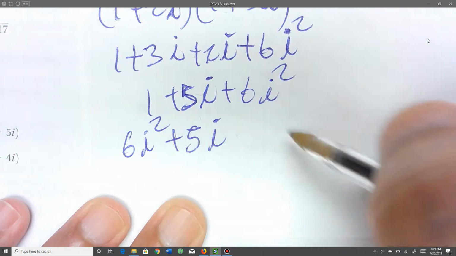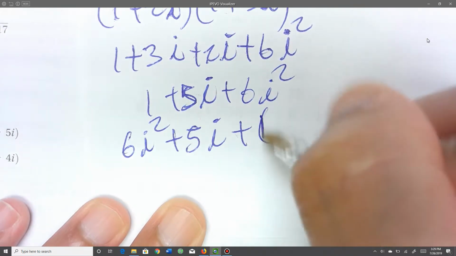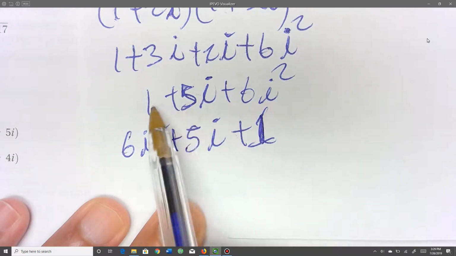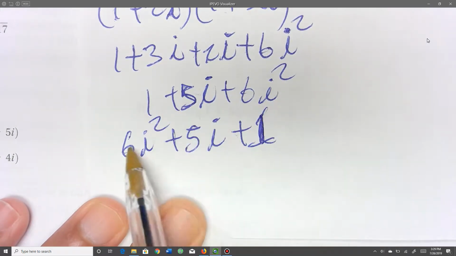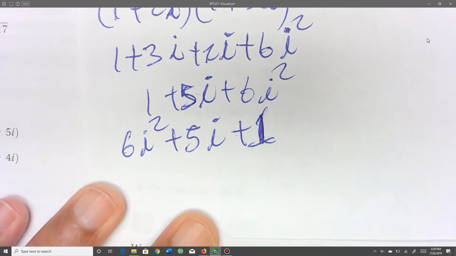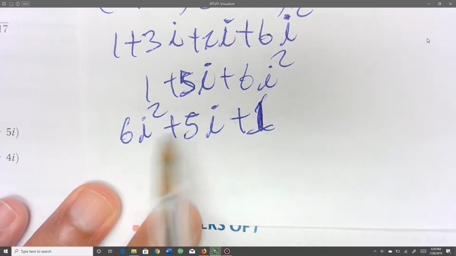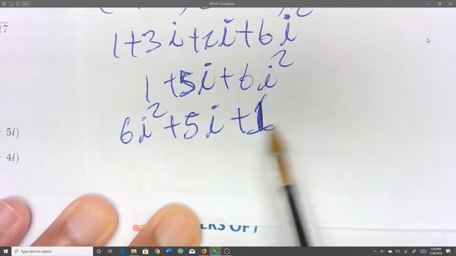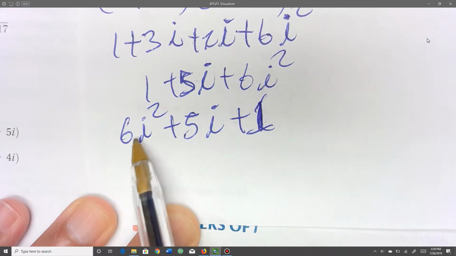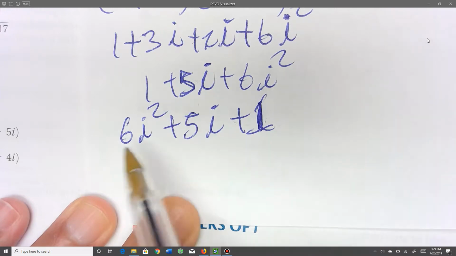I'm going to write it in descending order because I'm used to factoring expressions like this. So this is the same thing as this, except I wrote it differently. Let's see if I can factor that. The only method I can use is the AC method, because I have a factor of 6 here instead of 1.